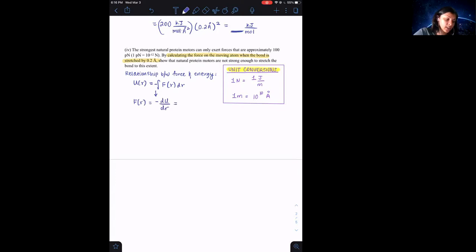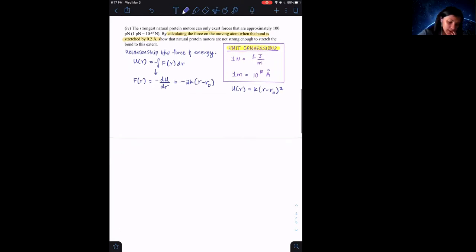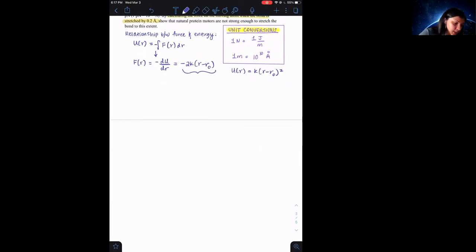And then since we're using Hooke's law again, which I will rewrite right here, (R minus R naught) squared, the force would be the derivative of this, which would just be negative 2K (R minus R naught). So now we can just plug values into this force equation.